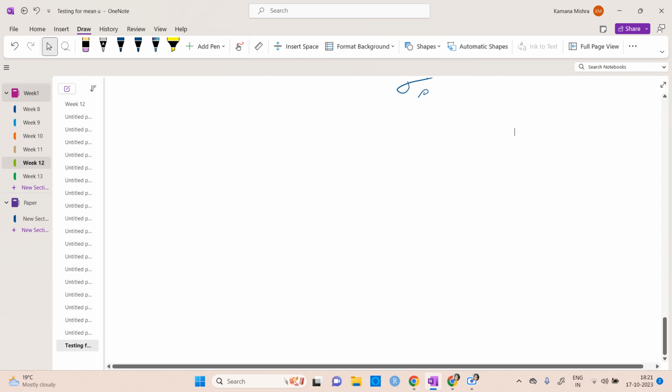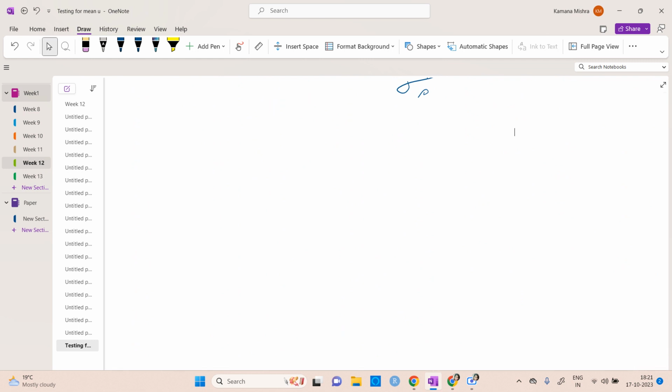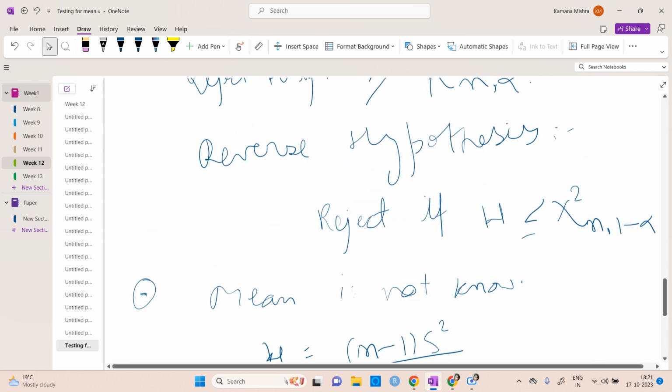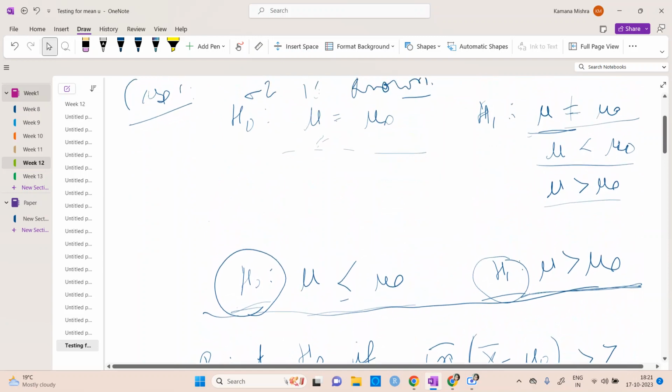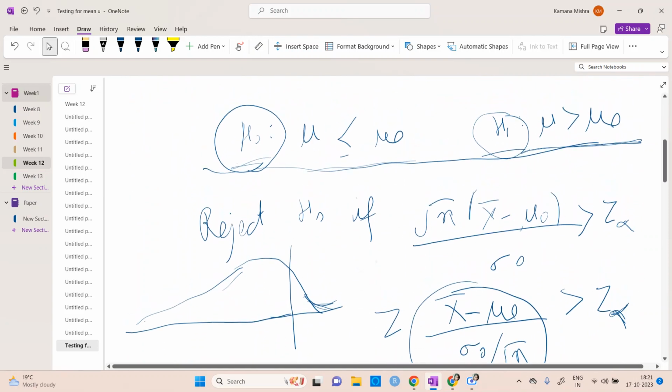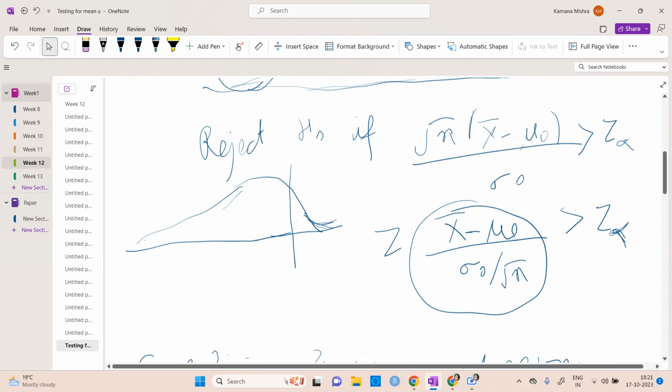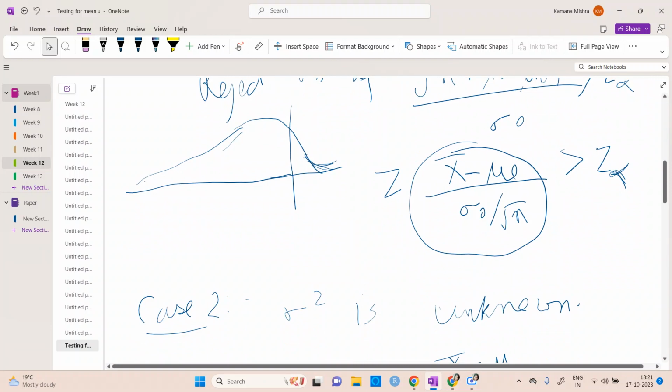So this is testing for variance, and then there is testing for proportion. Testing for proportion is the same. If we are dealing with a one-sided test, then we take z alpha.